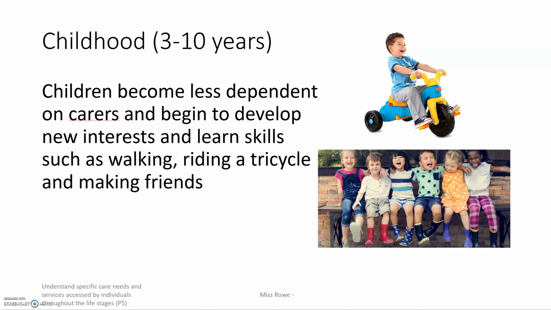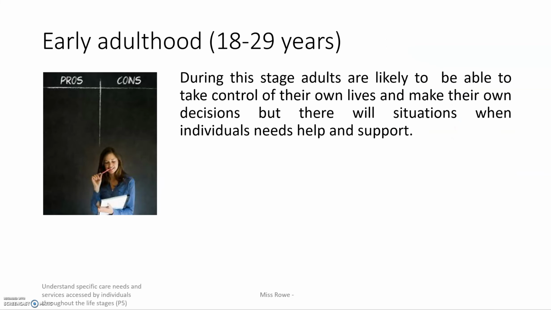The next stage in life is early adulthood, 18 to 29. If you think of after school, college, some people at university, up until just before they turn 30, they are thinking about whether they need contraception, and are they thinking about pregnancy.